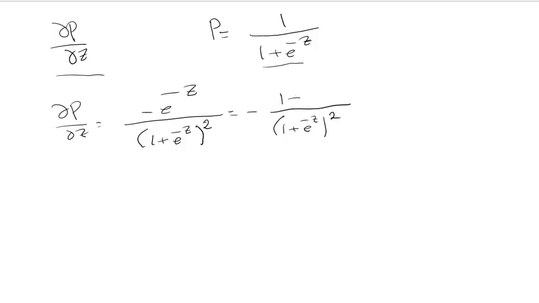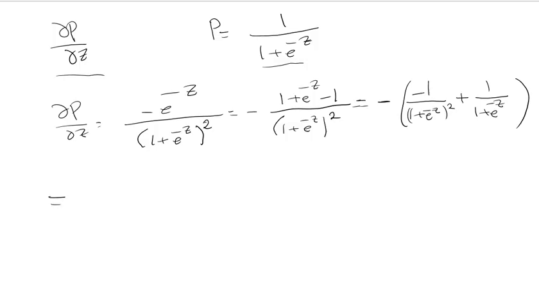We have 1 plus e to the minus z, minus 1, and we have minus 1 over 1 plus e to the minus z. When this is simplified, it is plus 1 over 1 plus e to the minus z.